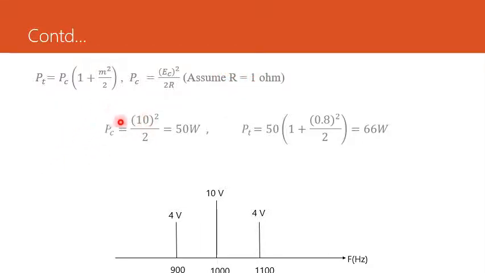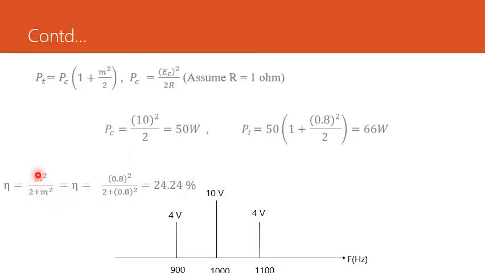Then the carrier power is equal to, Ec is given in the question, so 10 square divided by 2, which is equal to 50 watts. If your carrier power is known, then we can easily find the total transmitted power, which is equal to 50 into 1 plus 0.8 square divided by 2, which is equal to 66 watts. Then we want to find the efficiency, which is equal to m square divided by 2 plus m square.